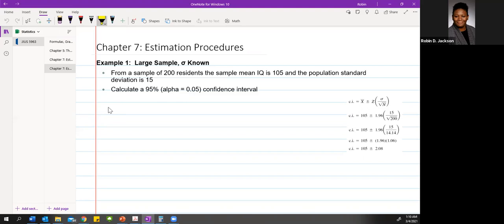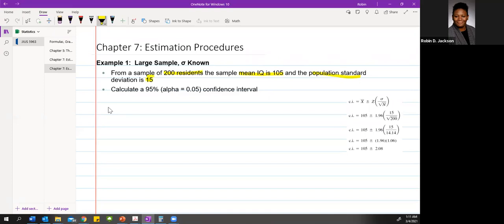As you may have picked up on by now, when working out problems I like to highlight the important information. So we know that we have a sample of 200 residents. We know we have a mean IQ of 105. In this particular problem, we have the population standard deviation, and it's equal to 15.